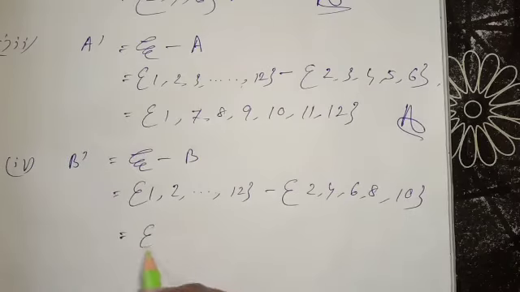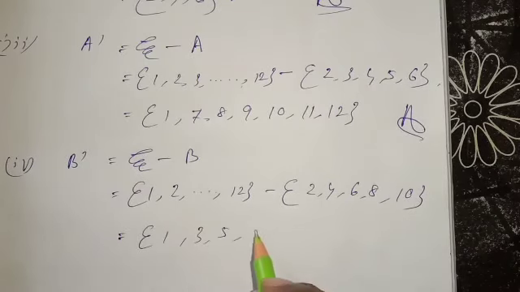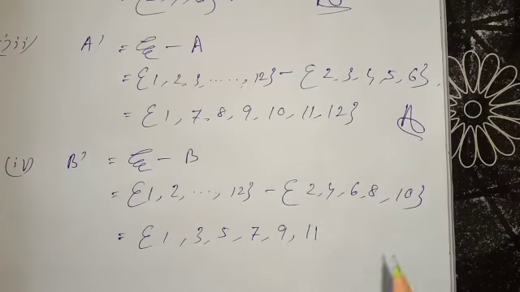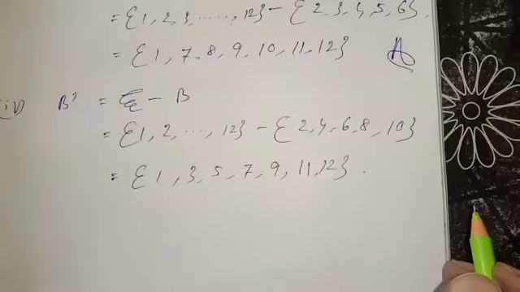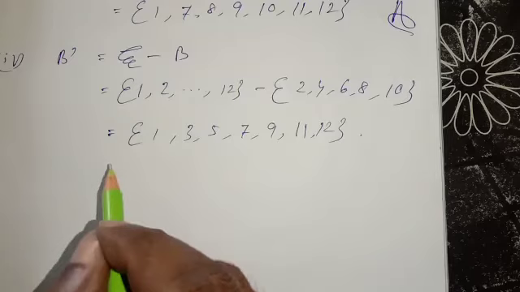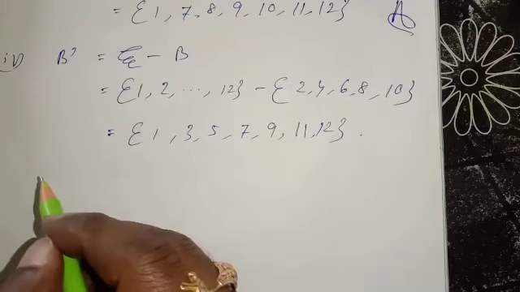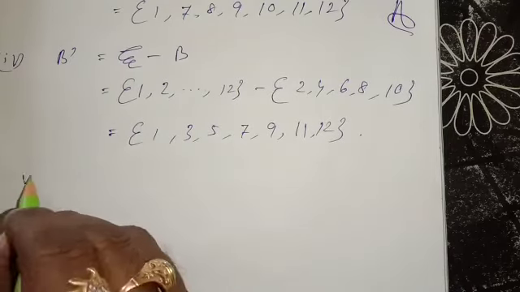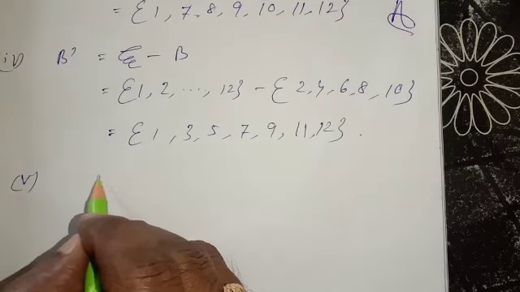What is left? 1 and odd numbers like 1, 3, 5, 7, 9, 11 and 12 also, because 12 is present. This is called B complement. The fourth part is complete.